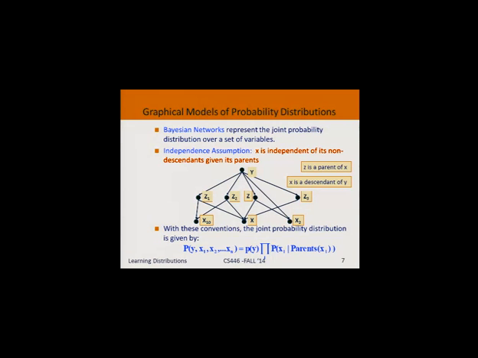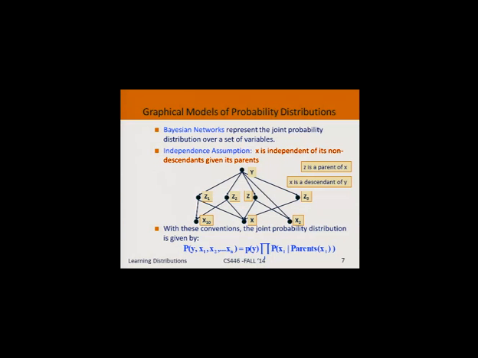So with this definition, the independence assumption that is encoded, this is the convention that is encoded in this graph, is that a node X is independent of its non-descendants given its parents. Okay, so Z here is independent of all those that are not descendants. The descendants are X and X2 in this case. So given Y, it's independent of all these.